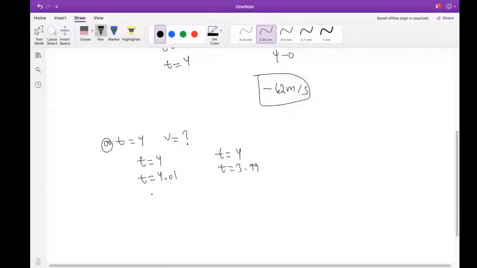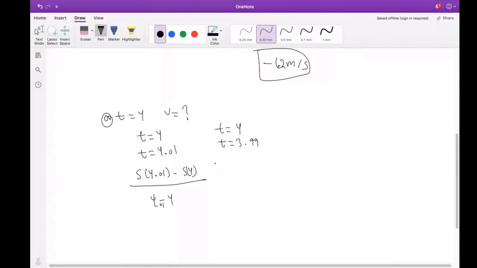So what you would do is s of 4.01 minus s of 4 over 4.01 minus 4. And then similarly here, we would do s of 4 minus s of 3.99 over 4 minus 3.99.